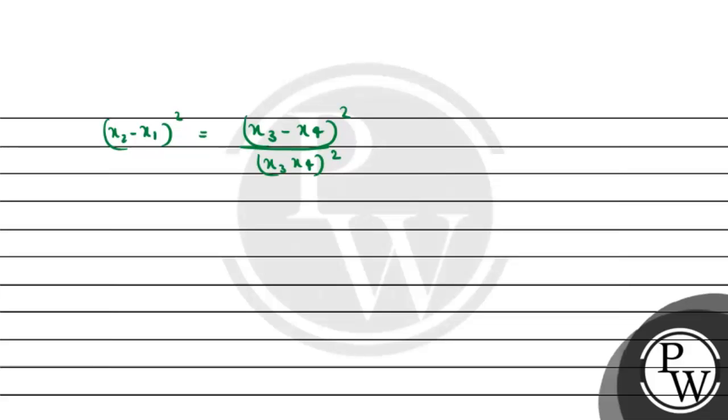We squared the numerator and denominator individually. Now again we know that we have a formula: (a minus b) whole square is equal to (a plus b) whole square minus 4ab. If we have to write a minus b in terms of a plus b whole square, we subtract 4ab. Now we apply this formula.